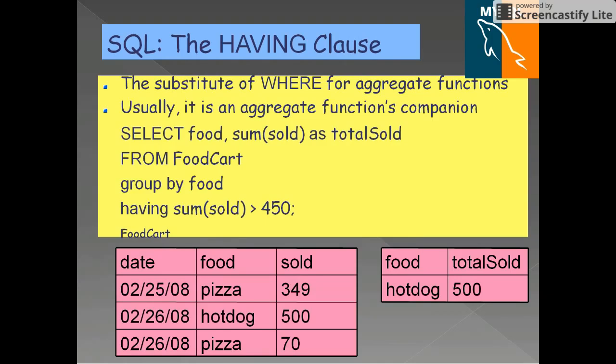Then there is another useful thing that is called the HAVING clause. The HAVING clause is a substitute for WHERE for aggregate functions. Usually it is an aggregate function companion.